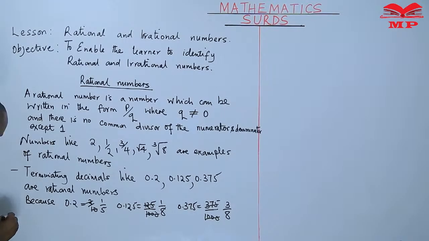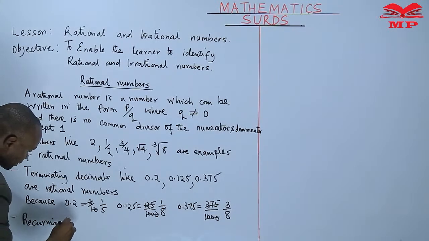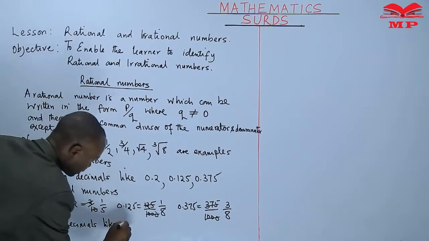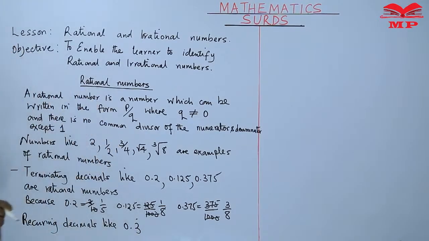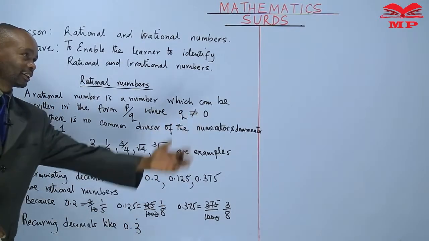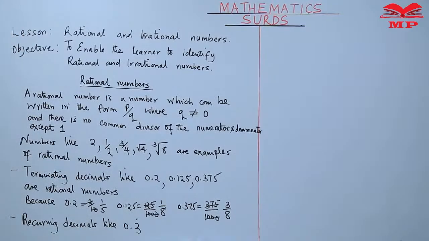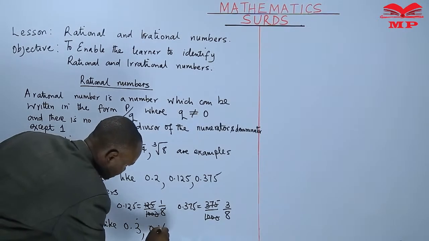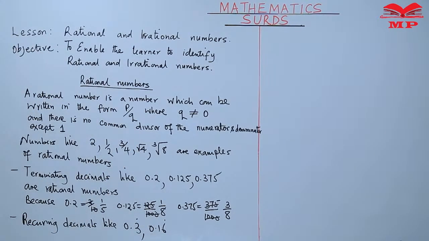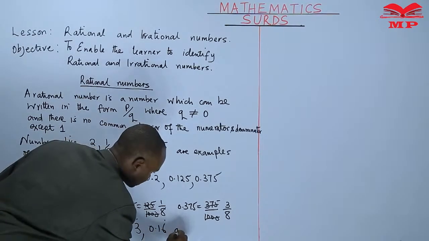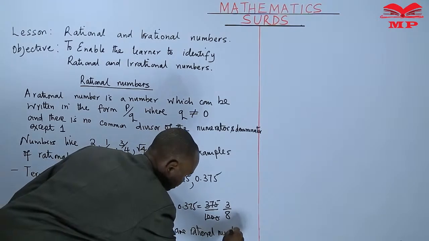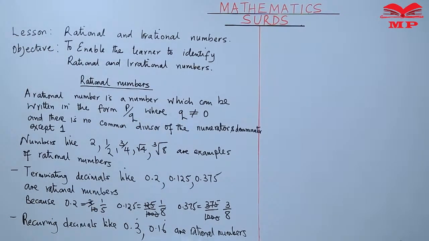We are also told recurring decimals like 0.3 recurring. When I put a dot there, you can write those 3's to the end of the world. And 0.166 recurring, are rational numbers.